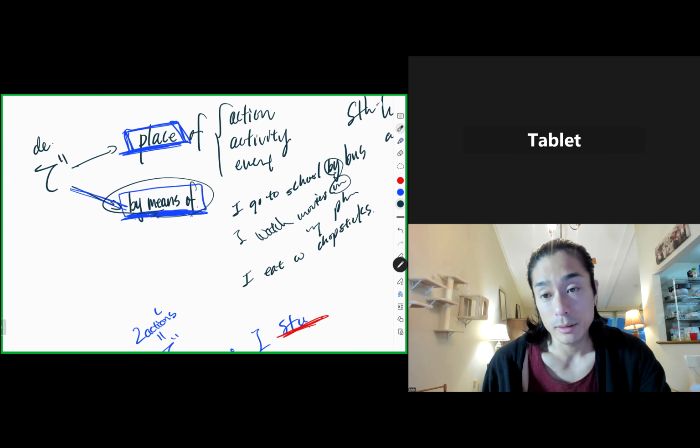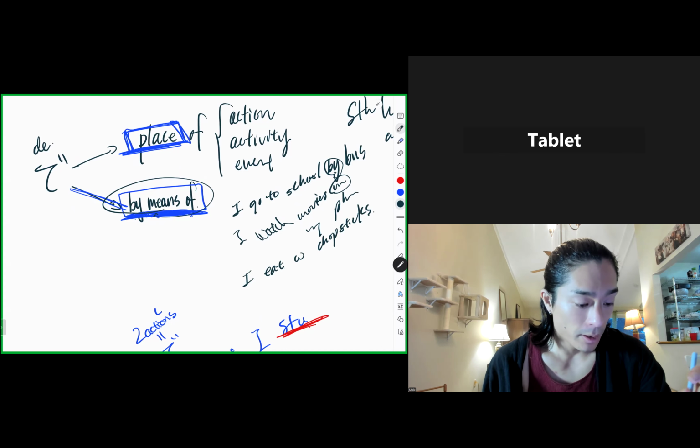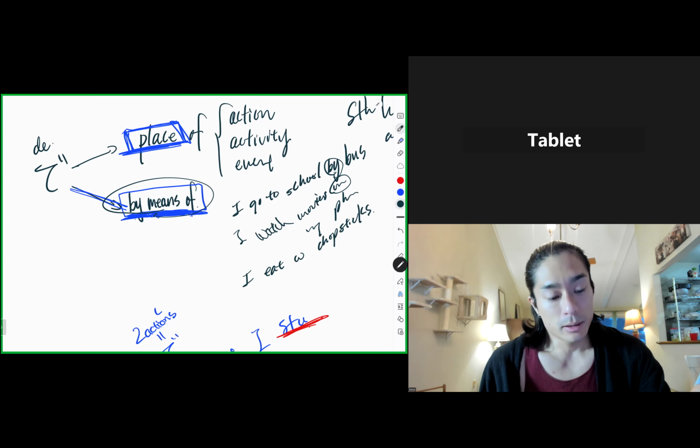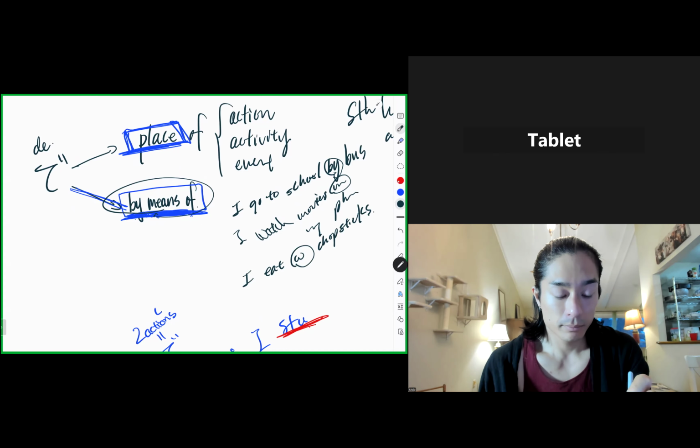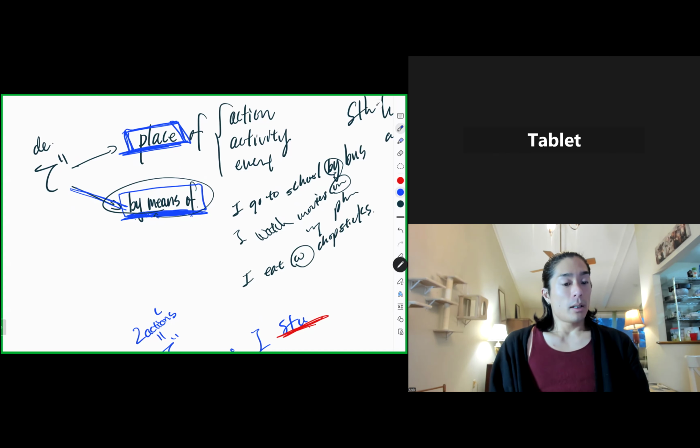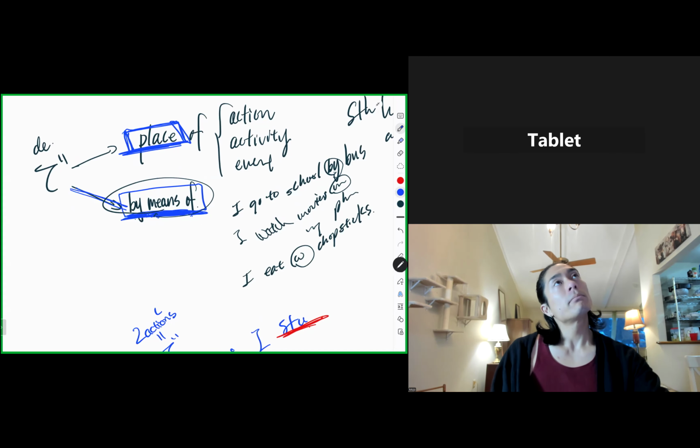I eat everything, anything with chopsticks, including ice cream and stuff. This one, we can also paraphrase as I eat by means of chopsticks, right? What else?